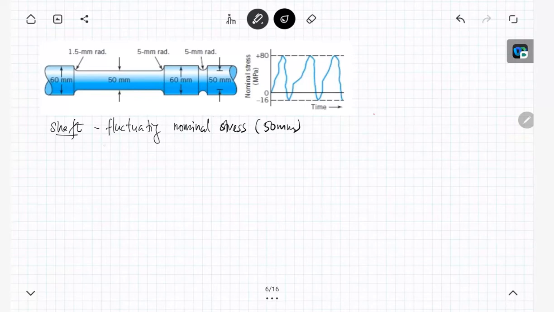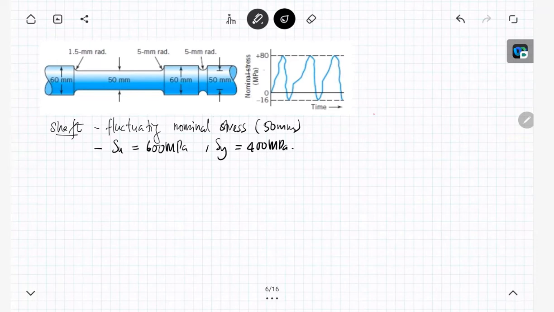The material's ultimate strength is equal to 600 megapascals, and the yield strength is 400 megapascals.